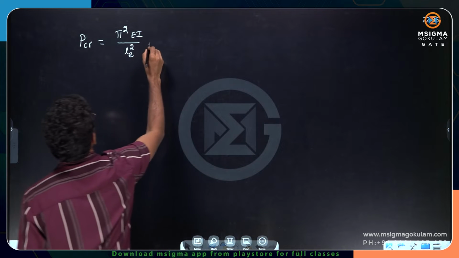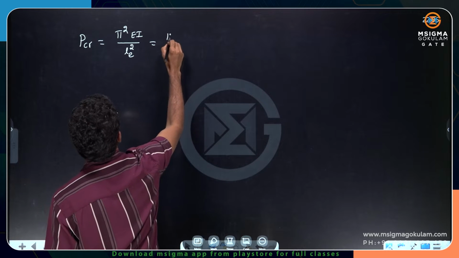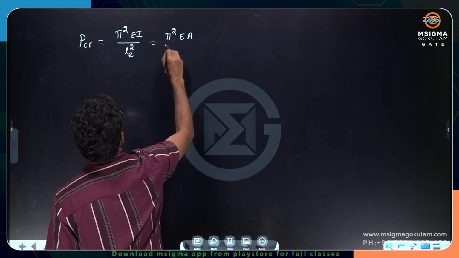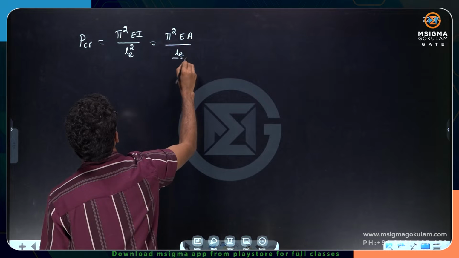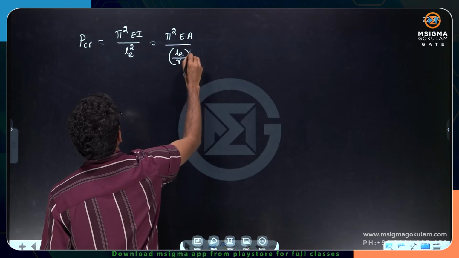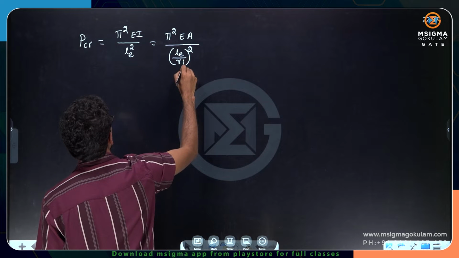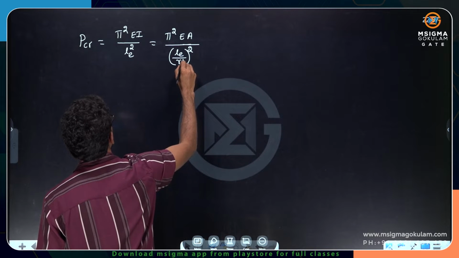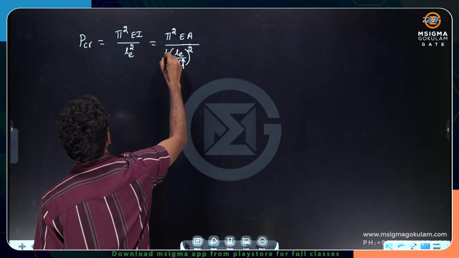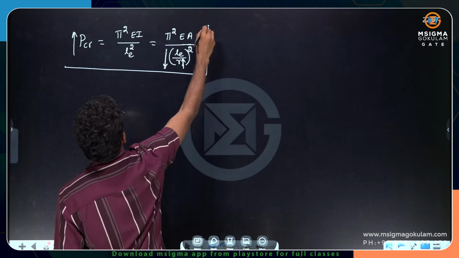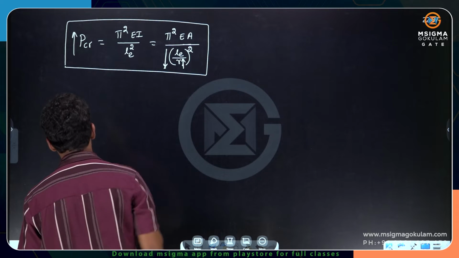When I put I equal to A R square, it becomes pi square E by (LE by R) whole square. So essentially my R minimum should be higher. If it is higher, this term will be less, and if this term is less, then load carrying capacity is more. This is what exactly you have to understand.